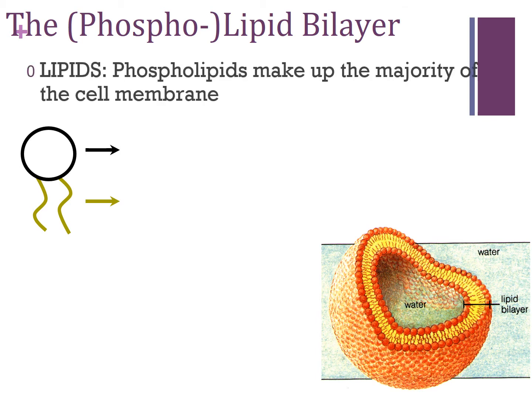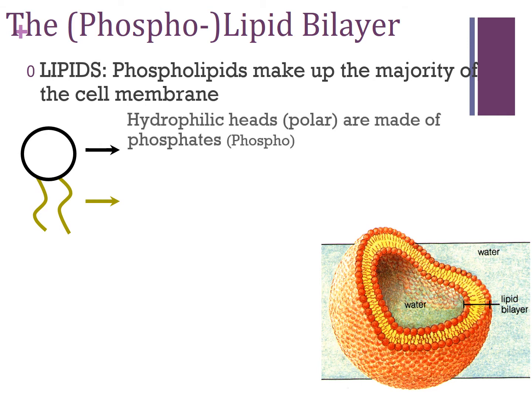The lipids in the cell membrane are special lipids called phospholipids. These phospholipids are going to make up the majority of the cell membrane. The phospholipids have two parts. They have a hydrophilic head. Hydrophilic means that the head likes water.